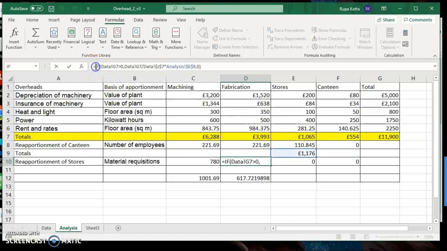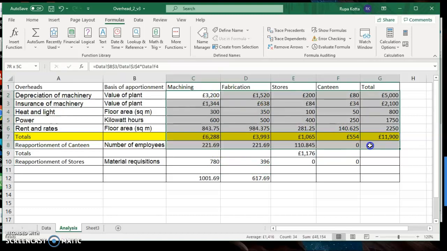If they did not ask you to use a function, you could have just right-clicked and formatted the cells to remove the decimal places. But because they asked you to use a ROUND function, we are using that. So round whatever answer you get using this formula to 0 decimal places. And then we have some more figures with decimal places.